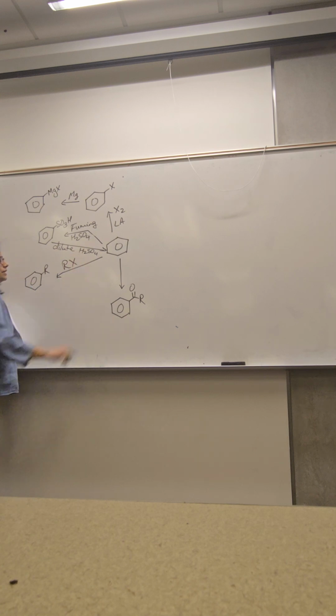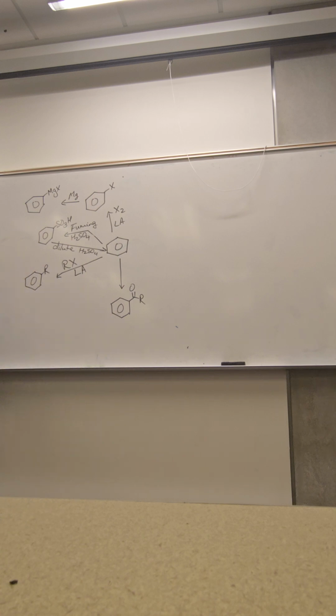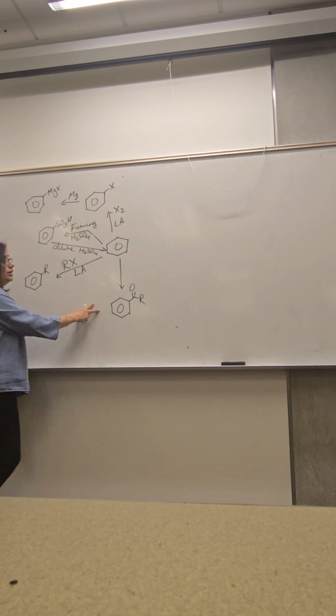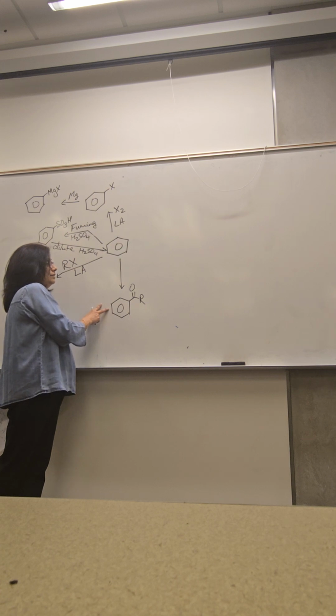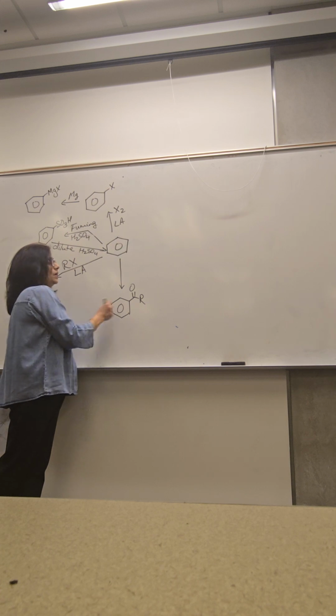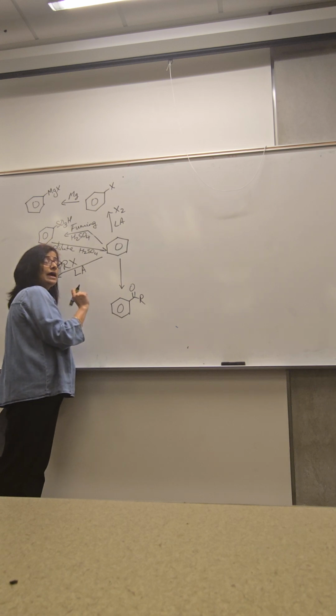Exactly. Either alkyl chloride or alkyl bromide with the appropriate Lewis acid catalyst, FeBr3 or AlCl3, depending on whether you're using Cl or Br. Same mechanism we did. Agreed? How do we do Friedel-Crafts acylation? What do we use? An acid. Not an acid. Did you say acid? Like what kind?